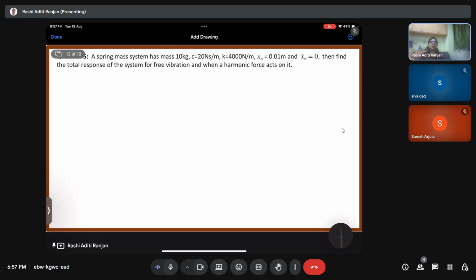So we were just using the value of the force and how much time it is being applied in order to find out the amplitude of the oscillation which is going to happen after the impulse is applied.